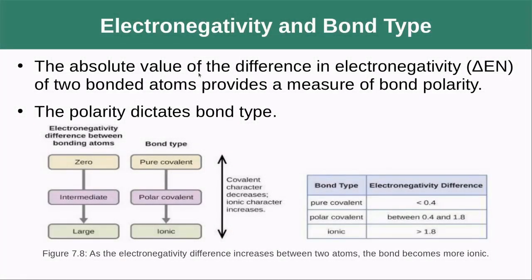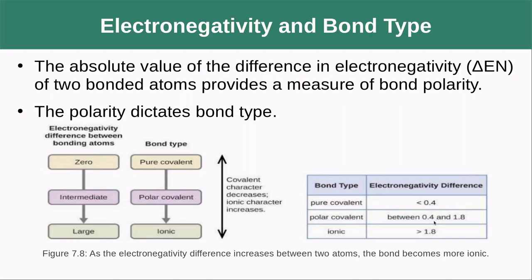So the absolute value of the difference in electronegativity of two bonded atoms provides a measure of bond polarity. And that's going to dictate the bond type. When there is very, very little difference in electronegativity between the two atoms, you wind up with a pure covalent bond where everything is essentially shared between the two atoms.